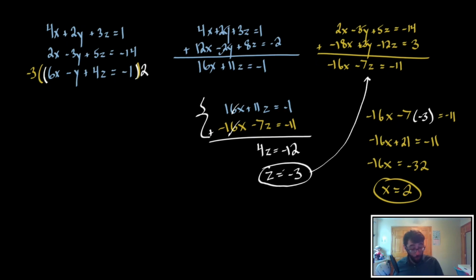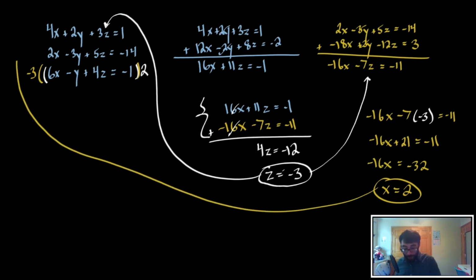So I have x is 2, I have z is negative 3. Now I can take both of these and substitute them into any of the original three equations, all right? And that's going to leave me with just y. So I'm going to take these and substitute them into the first equation. I'm going to take that negative 3, substitute it in for z. I'm going to take this positive 2, substitute that in for x, all right?